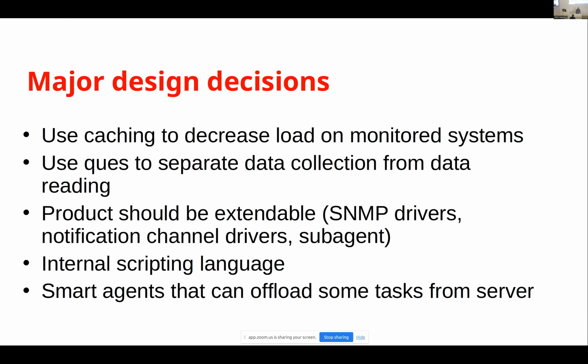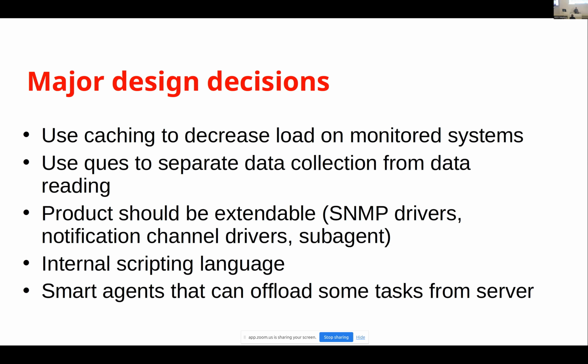Okay, and smart agents that can offload some tasks from the server. It's an important point in the design of where we put the implementation of the logic, because we can put everything in the server and the server collects all the data. But if one site or one network loses the connection, then the agent can't do anything by itself because it doesn't have this implementation.